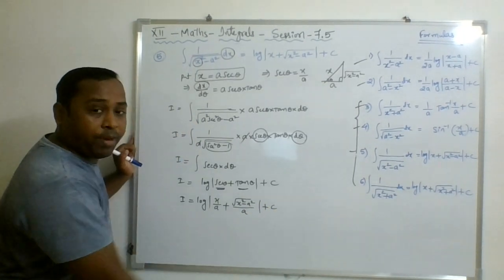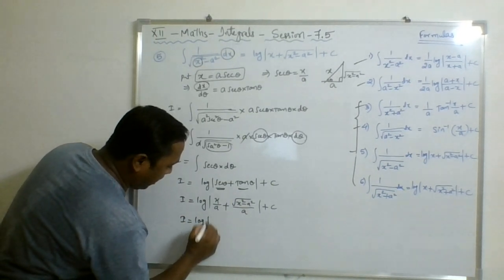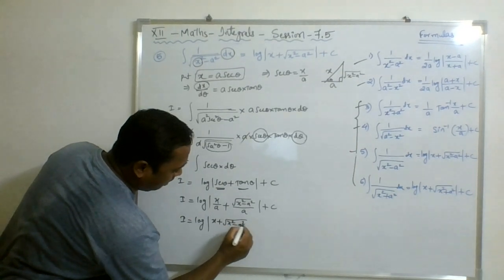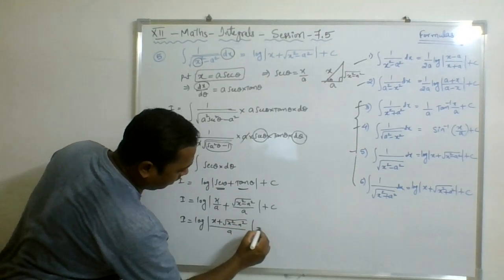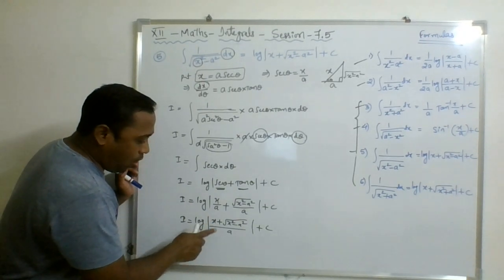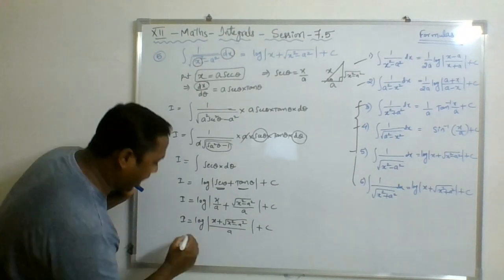So LCM would be a here. So hence it is written as log of modulus of x plus under root of x square minus a square by a, plus c. Now it is in the form of log m by n. So I can write it as log m minus log n.